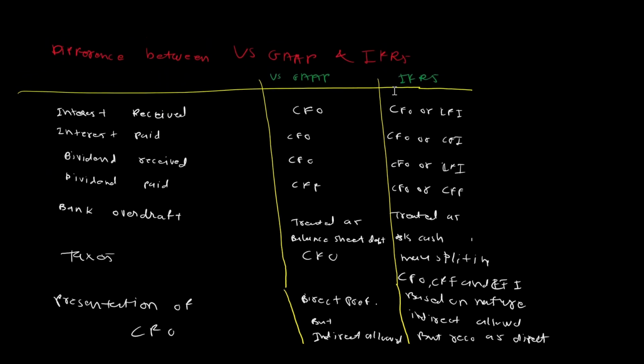Also, the difference between GAAP and IFRS, and I need to cover another topic called free cash flow for equity and free cash flow for the firm. So I will make another separate video on part 2.